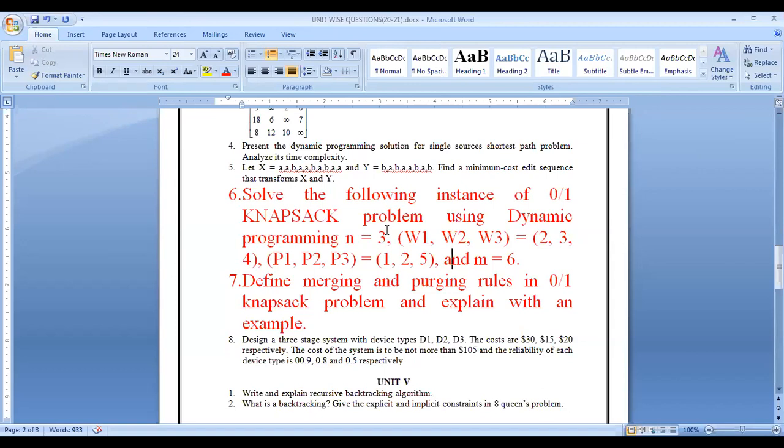Capacity of the knapsack bag is 6. That is why we are taking 6 plus 1, 7 columns. So you take 7 columns and 4 rows, a 4 by 7 table, and you need to fill up the table to get the value.